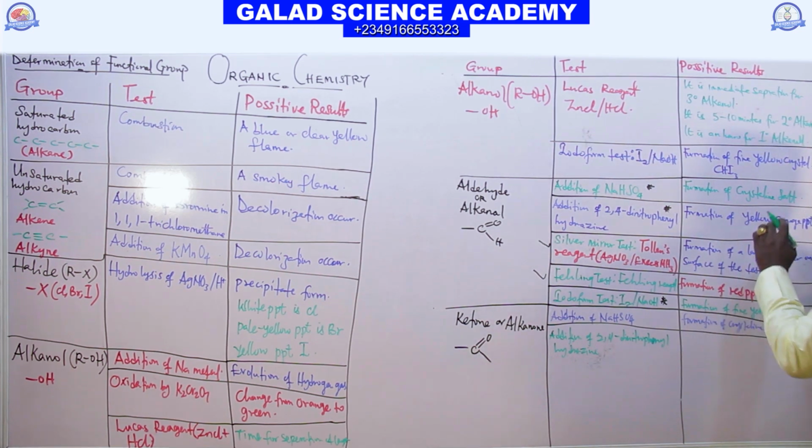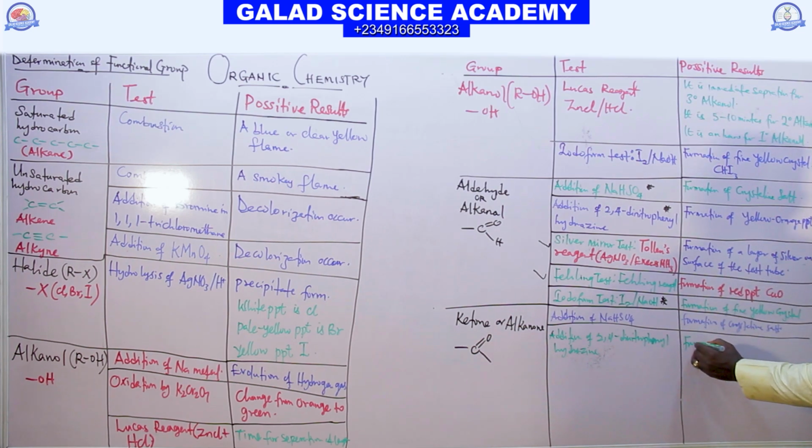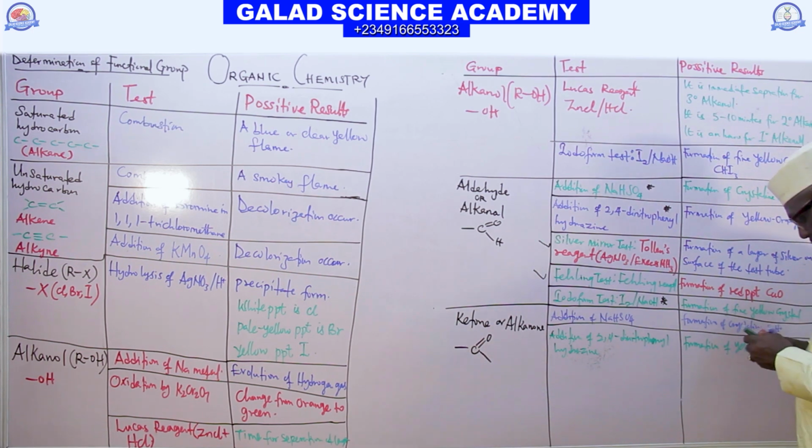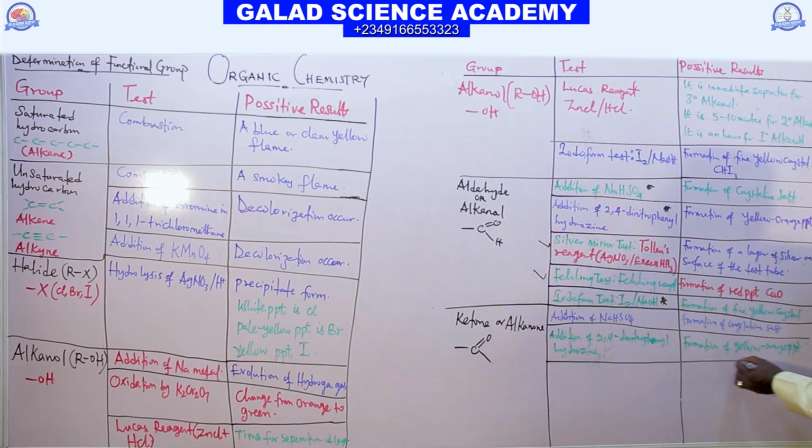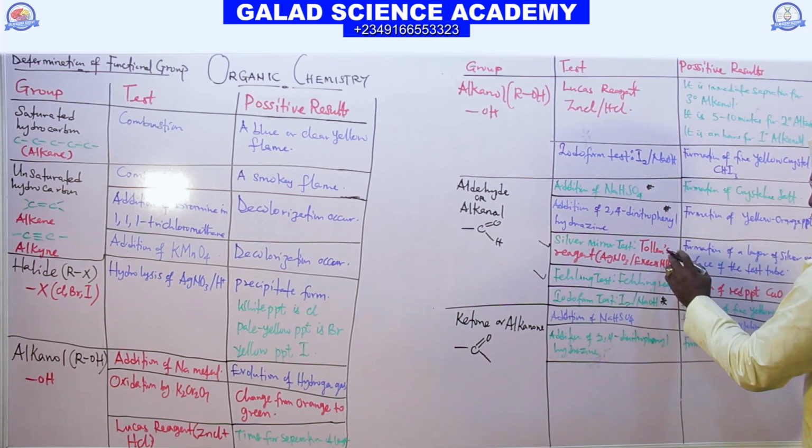So we also have formation of a yellow-orange precipitate. I said it before that this ketone also gives a positive result with these three.